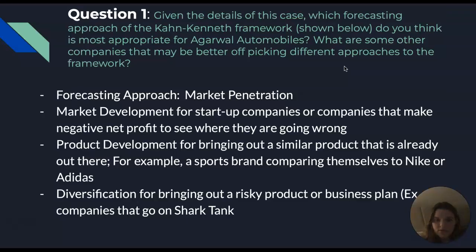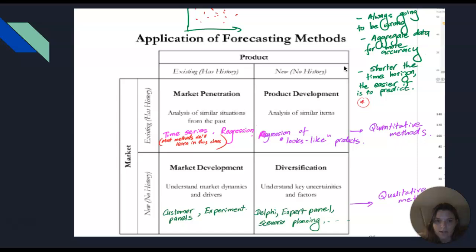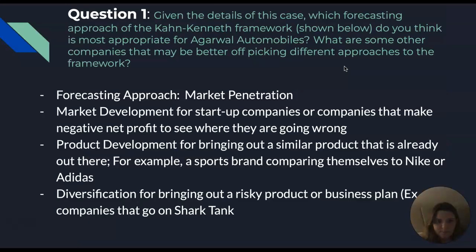Market development for startup companies or companies that make negative net profit to see where they're going wrong. As you can see, understand market dynamics and drivers, do some experimental things that would be better in startup companies, or they might be small, existing, has some history, but in the market they don't have a lot.